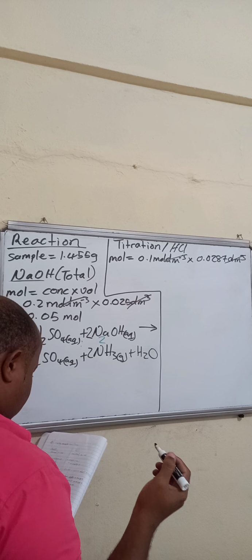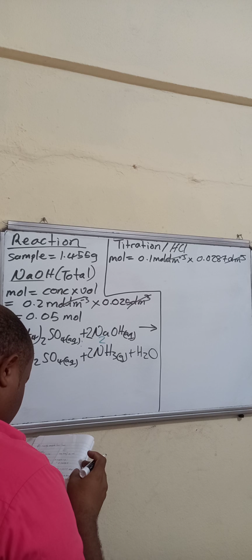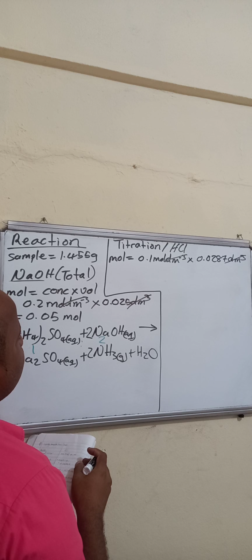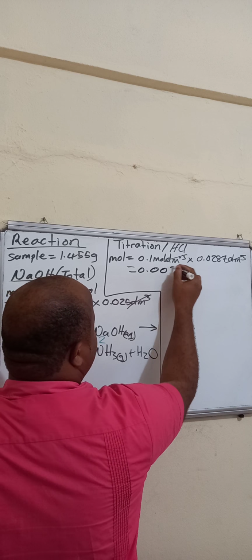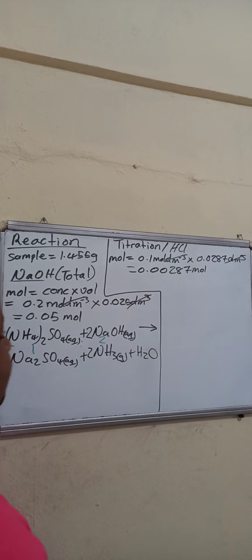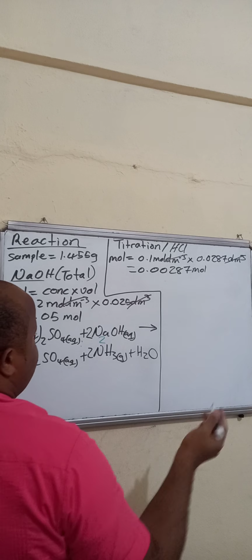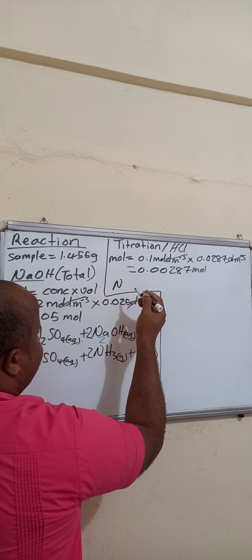So we get the mole, which is 0.0287 moles. So we get the mole of HCl that reacted. Once you get that, by now, you are supposed to be used to this.